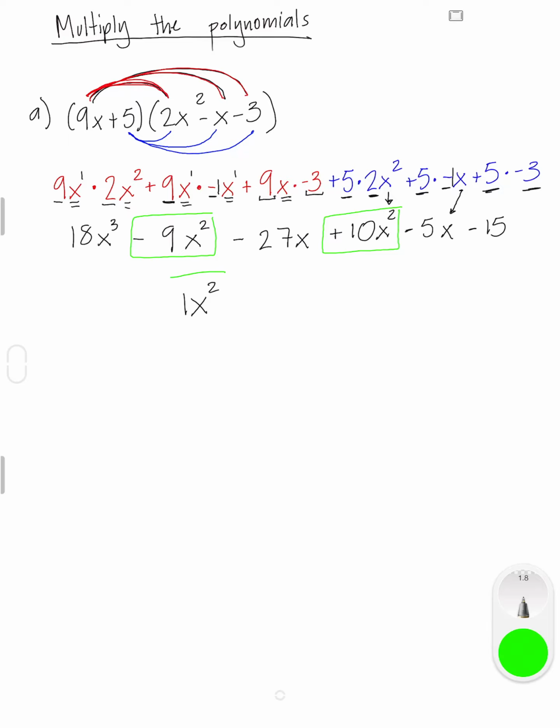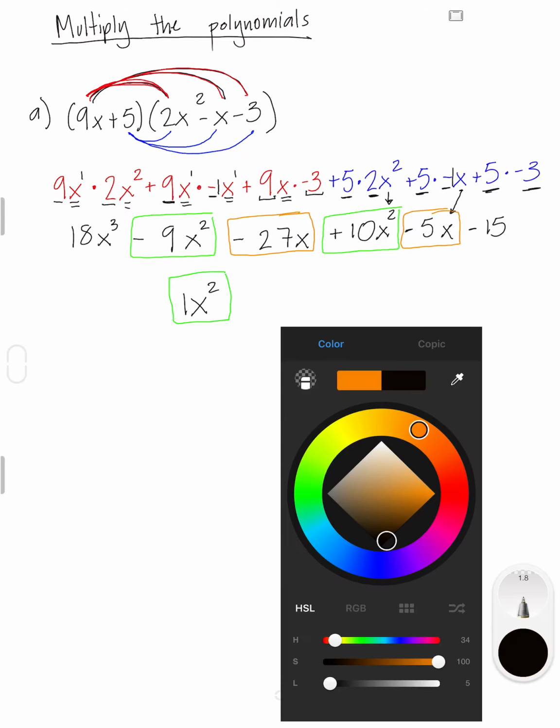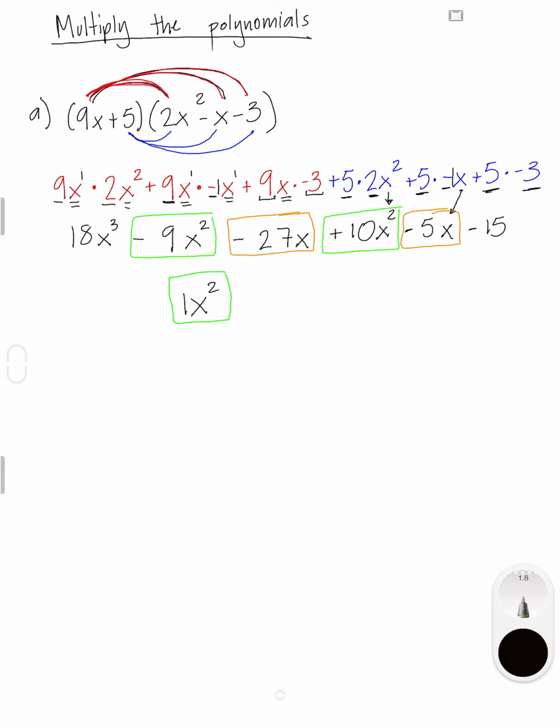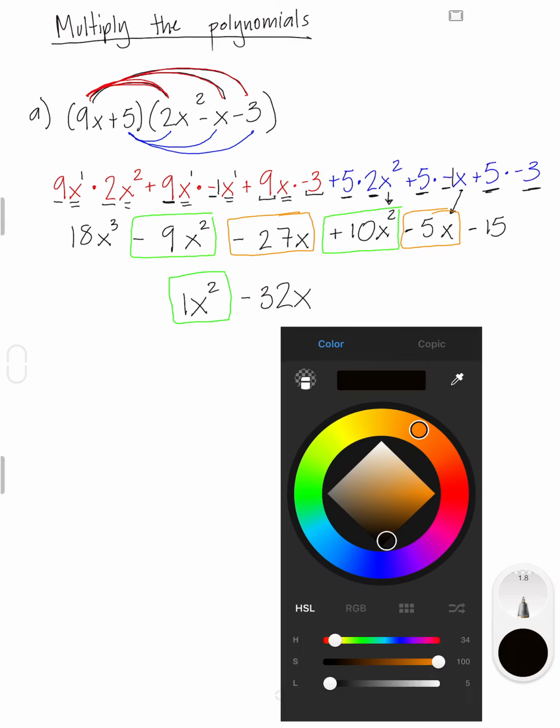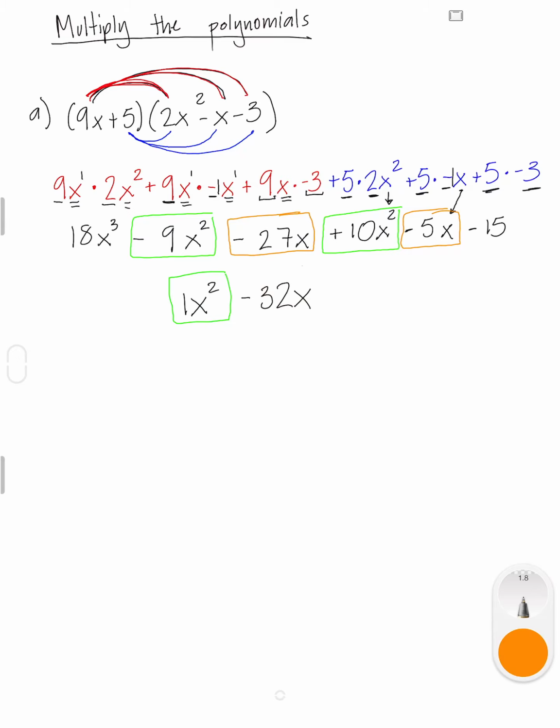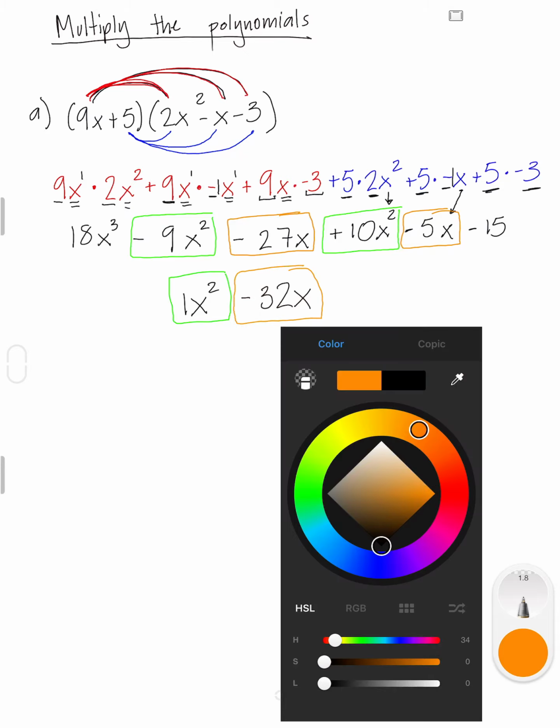I'm going to put it in a green box as well. And then I can also combine negative 27x and negative 5x. And when I combine them, that gives us negative 32x, right? Again, I'm going to write that in a box.